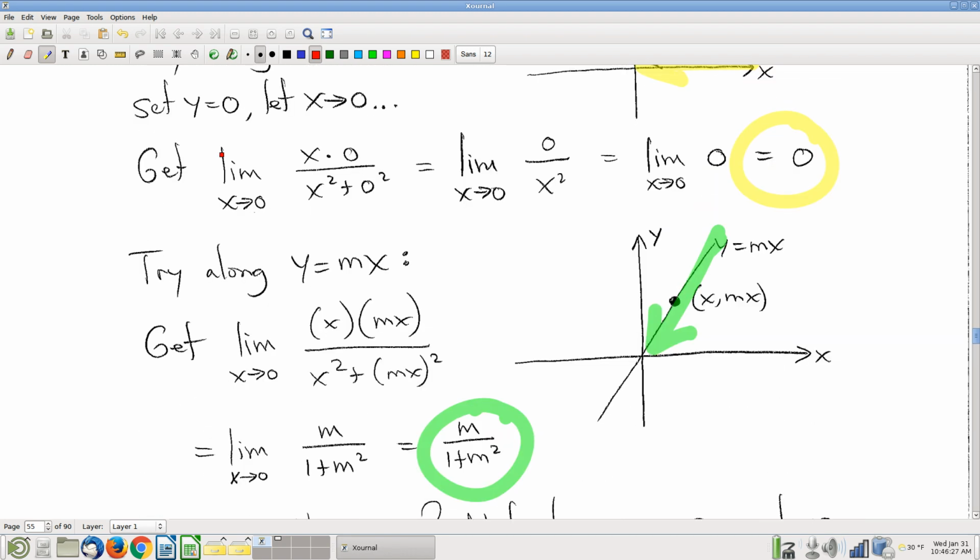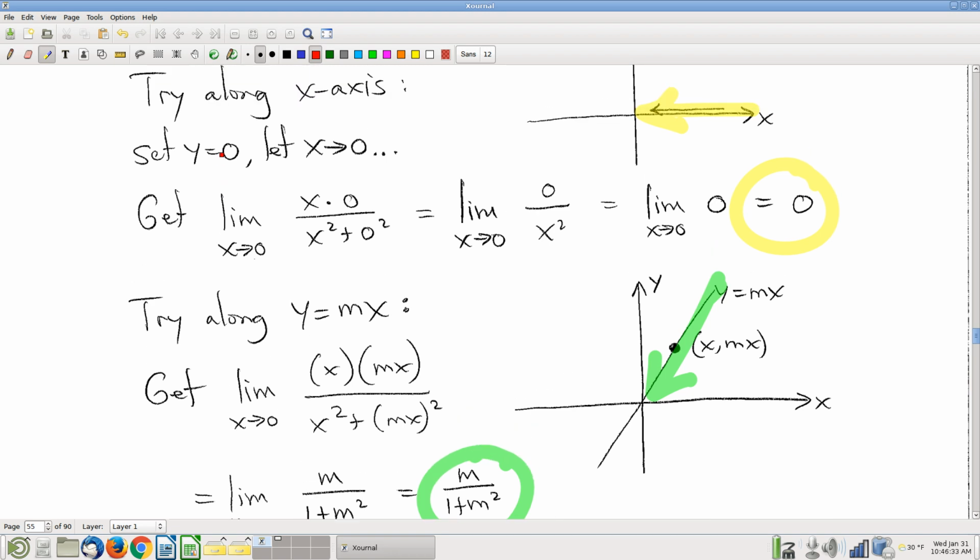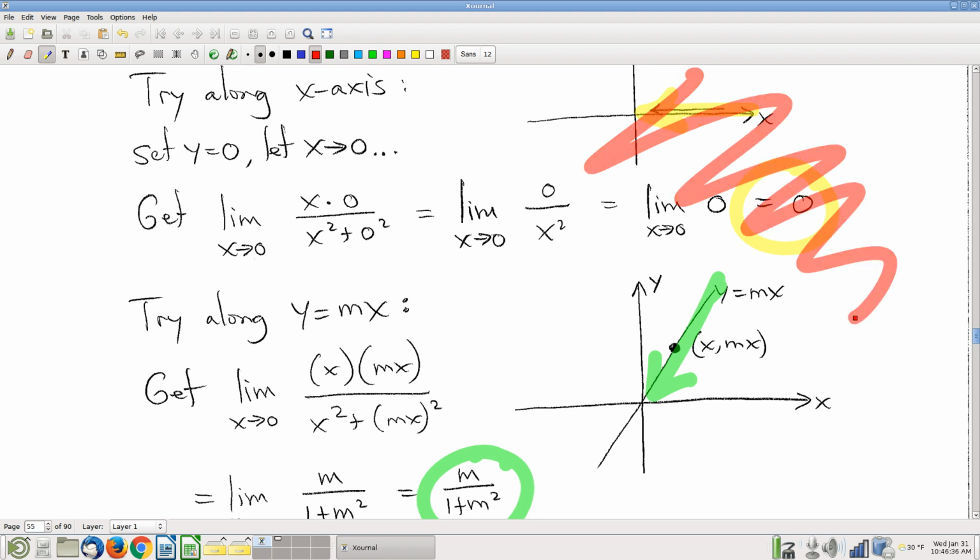We've gotten two different answers along two different paths. In fact, come to think of it, I don't even need this one. I can throw that one away. I've got bazillions of different answers along bazillions of different paths just in this one calculation. Take different values of m. That has you approach along different lines, and this expression will take different values for different values of m.